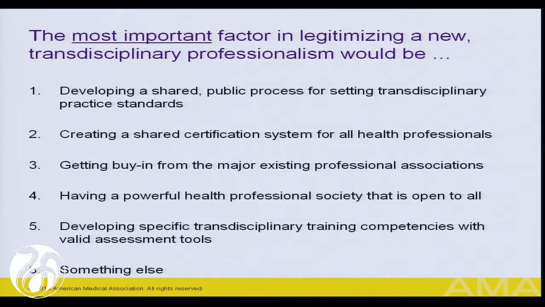Number three, getting buy-in from the existing major professional associations, that would be the key. Number four, a new professional association. There would need to be a new professional association that would be open to all the health professions, that would be charged with doing this stuff. Number five, developing training competencies and valid assessment tools. We've heard something about that today. Or six, there is some other key step.